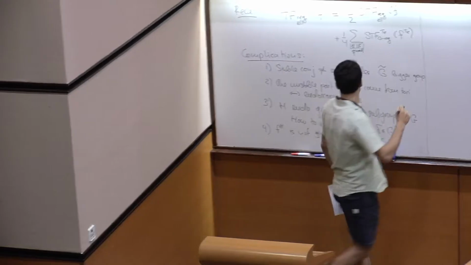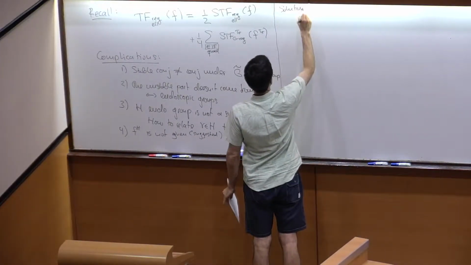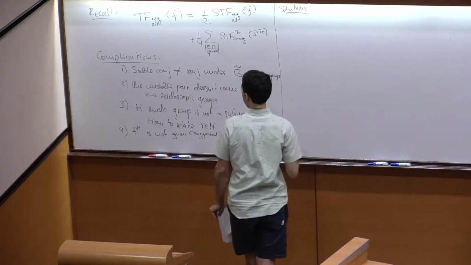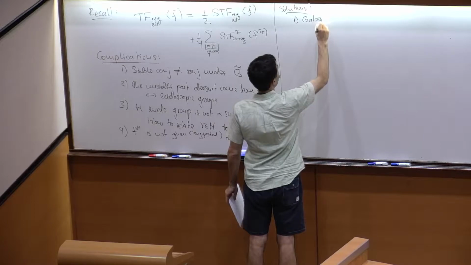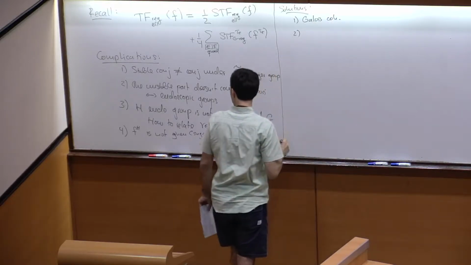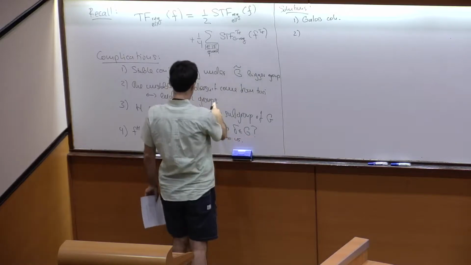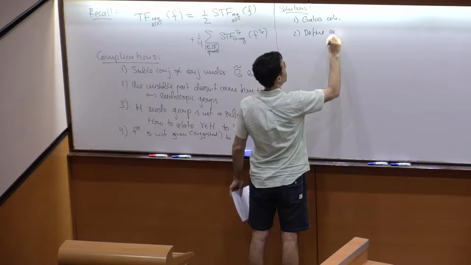And so what does this then entail? Roughly, well, for one, we need to deal with Galois cohomology. For two, we have to understand what endoscopic groups are.